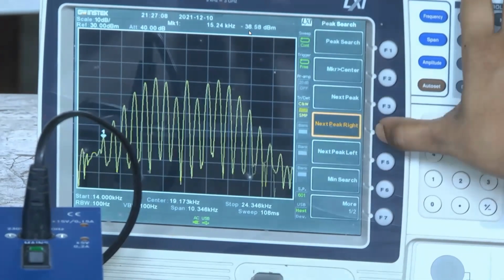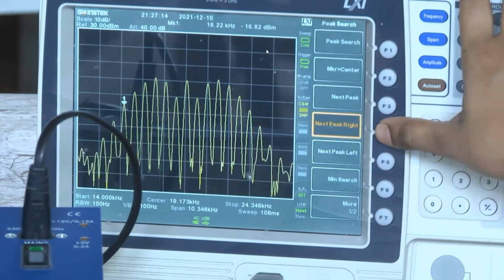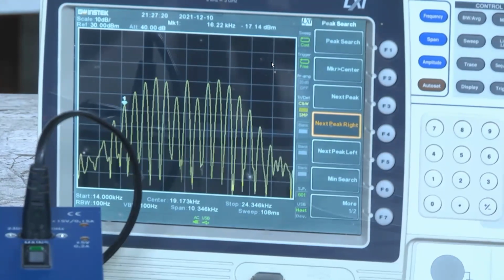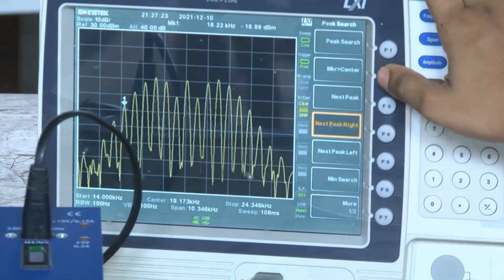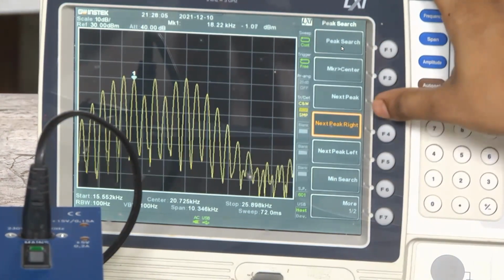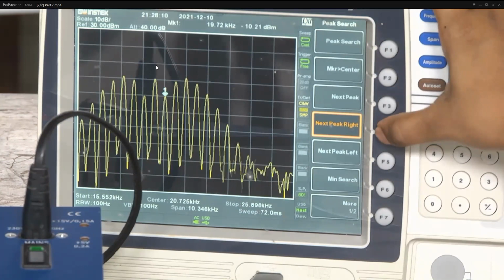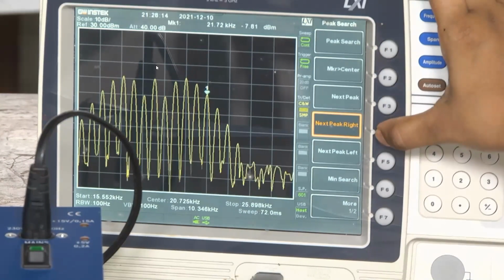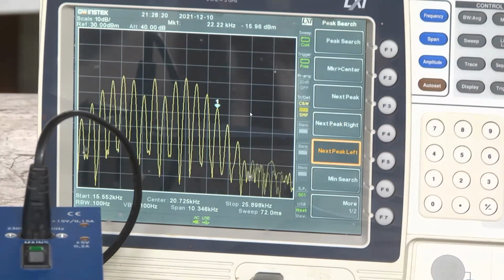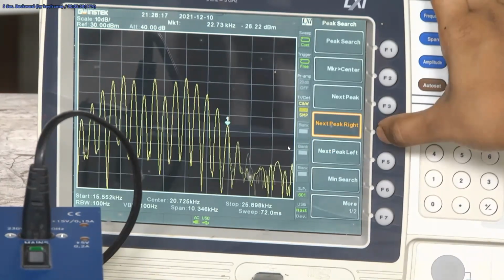You can see that these have very low magnitude values, so we can't take these as the frequency values we require. Okay, I'll show you the two frequency values again.